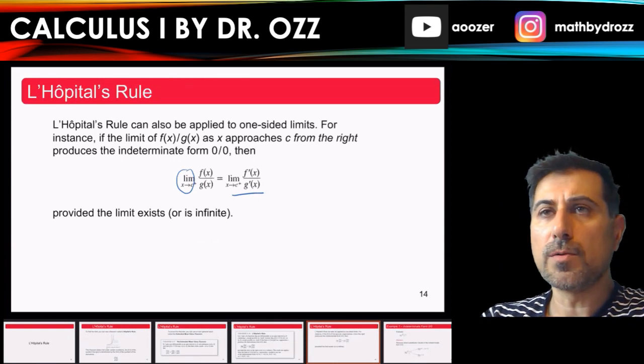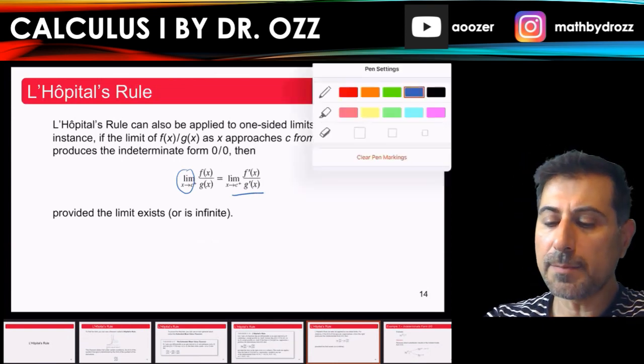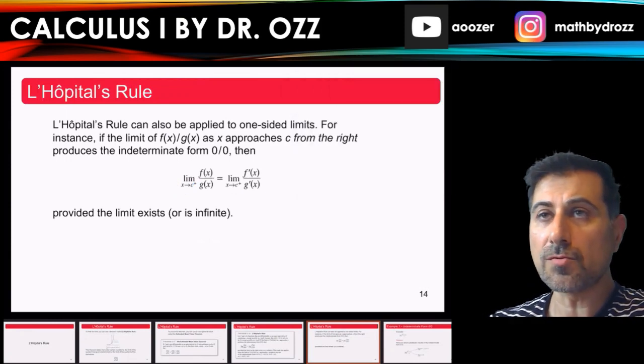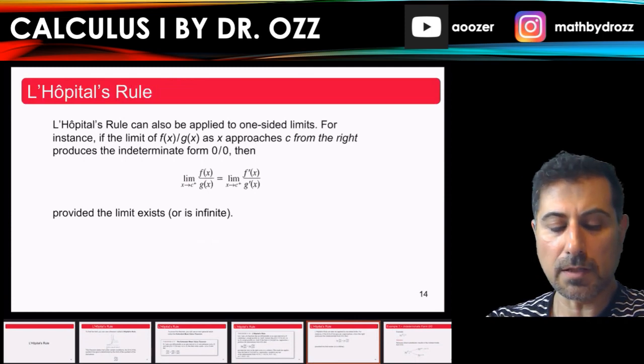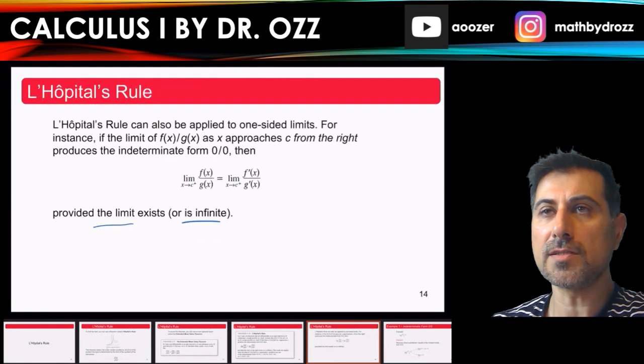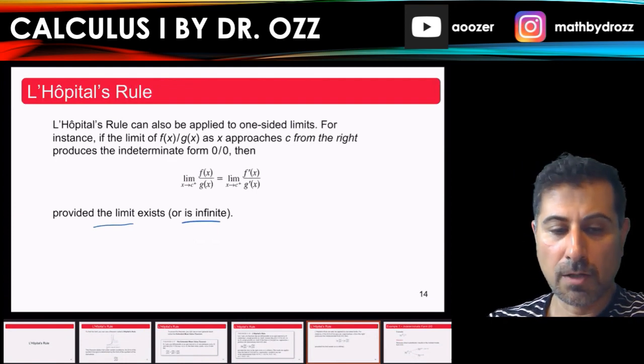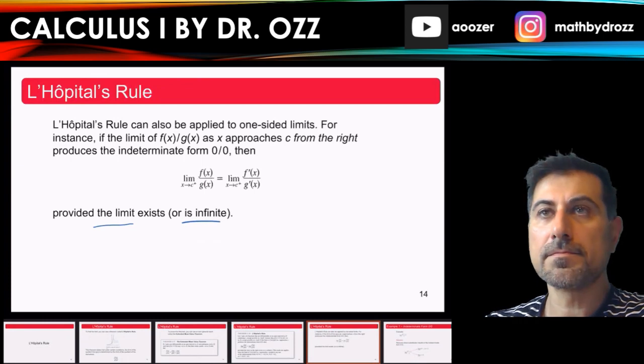So the takeaway is that once you have sided limits, approaching c from the left or right, and you run into 0 over 0 type indeterminate forms, as long as the limit exists or is infinite, you can apply the same strategy, L'Hopital's rule, to your case.